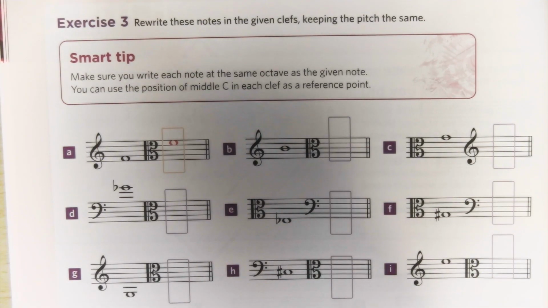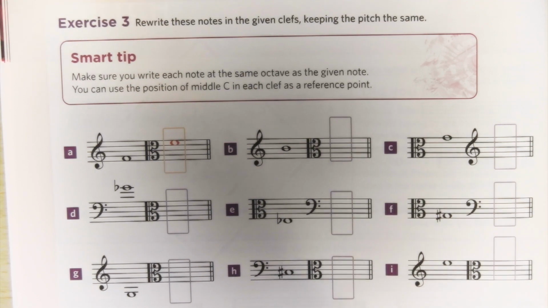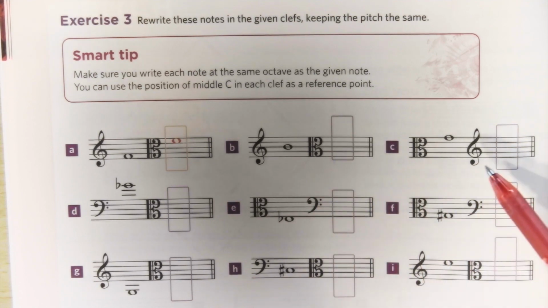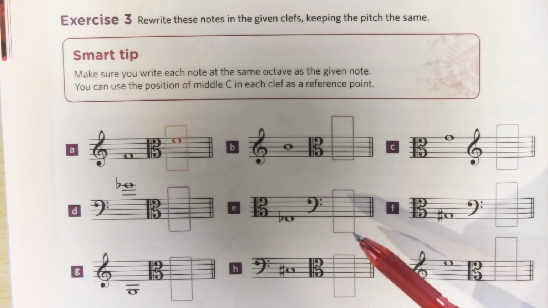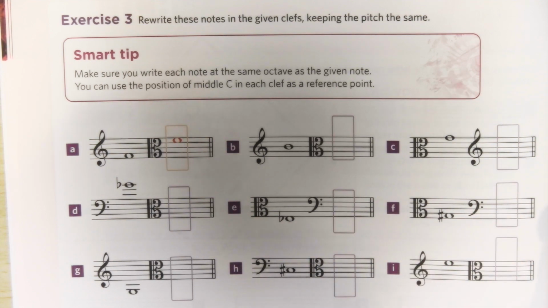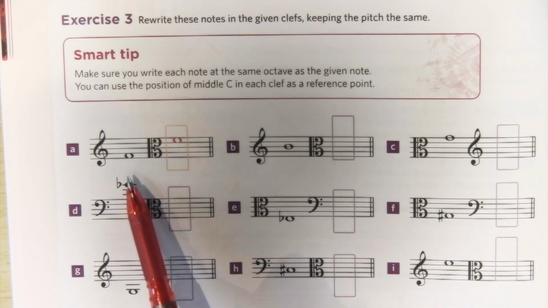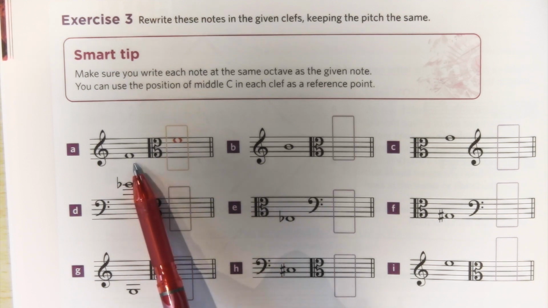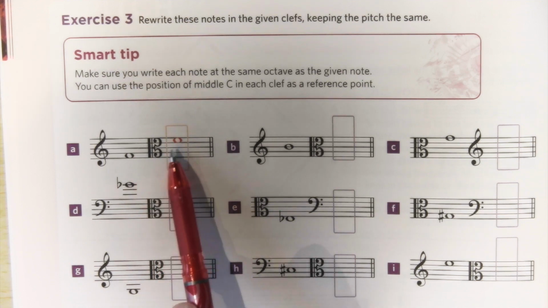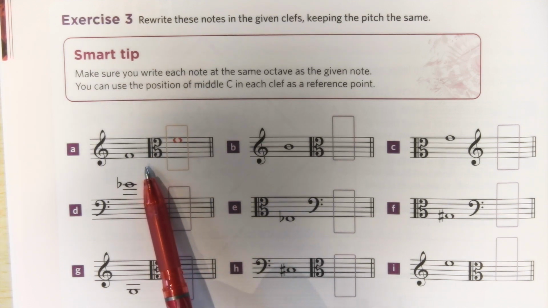Exercise number 3. They ask us to write the note in a different clef, but we must keep the same pitch. This means that we can't change octaves. As we can see from the first example, the two notes sit in two very different positions.